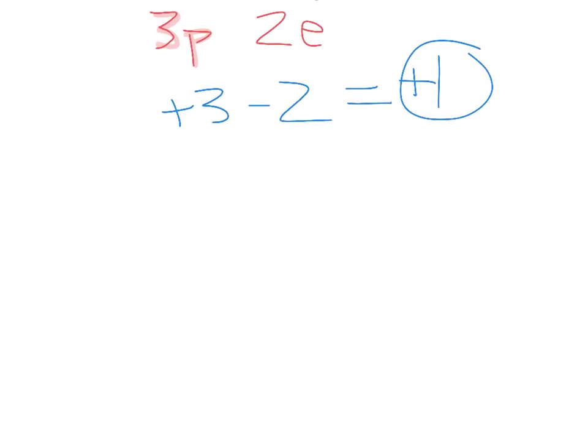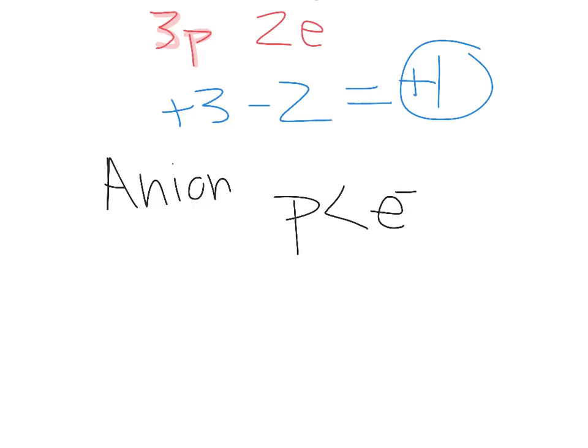Now let's do the other way around. For an anion, we have more electrons than protons. So in this case, let's do 5 protons and 7 electrons. So that means I have a plus 5 minus 7.